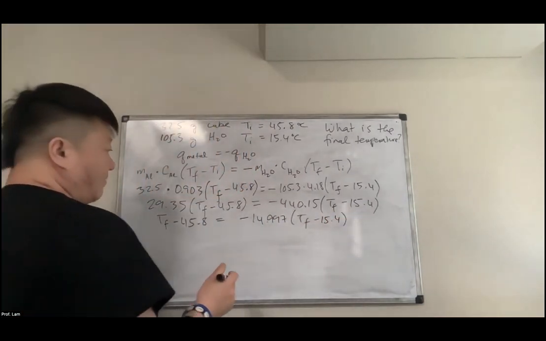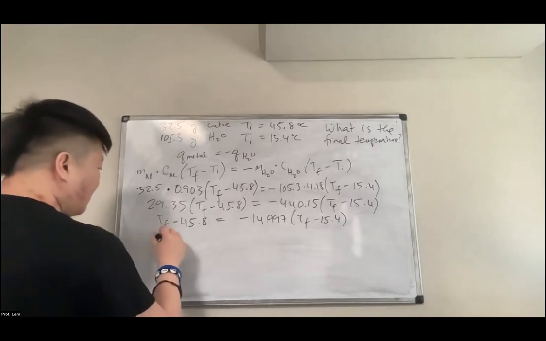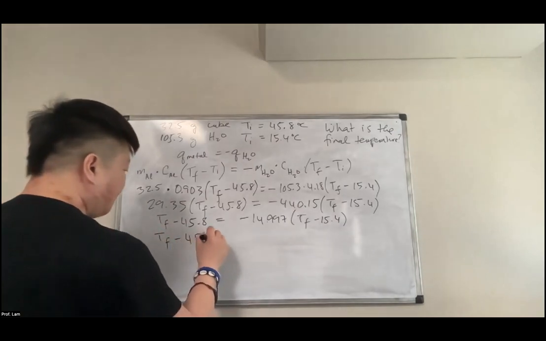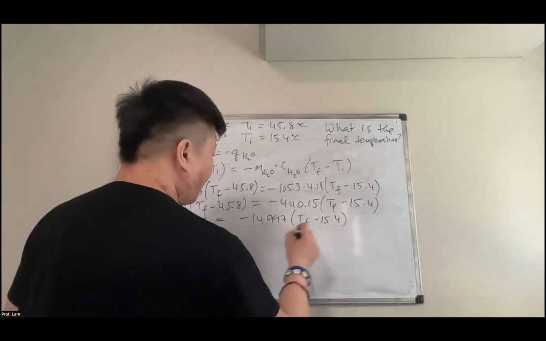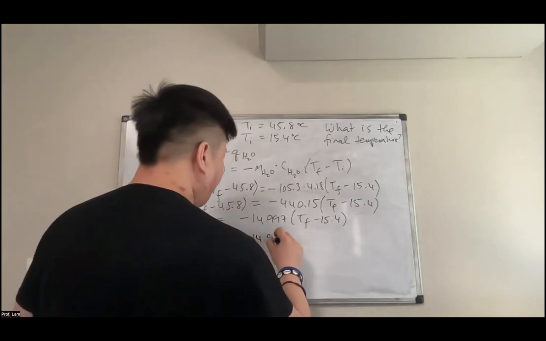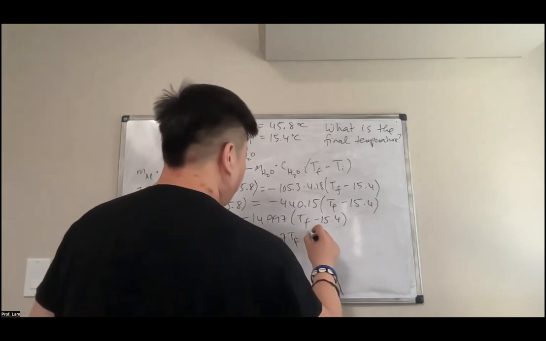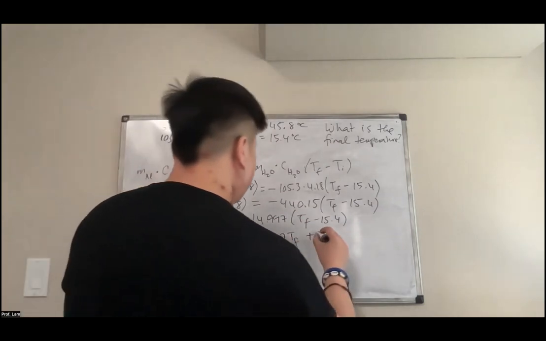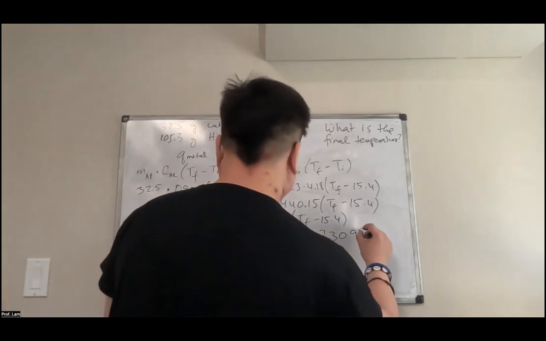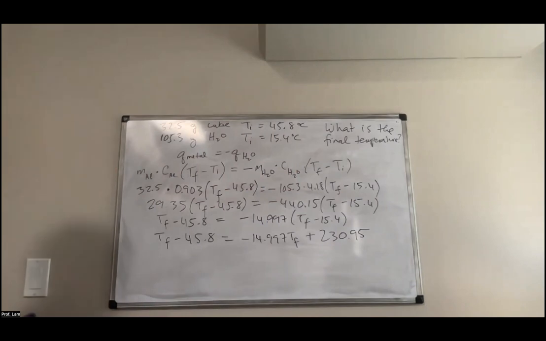Okay. All right. So at this point, what I want to do is I'll leave the left side the same. And on the right side, I'm going to multiply through, right? So negative 14.997 TF plus 230.95. Okay? You guys following, right?